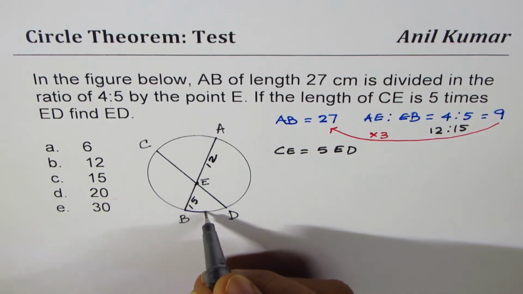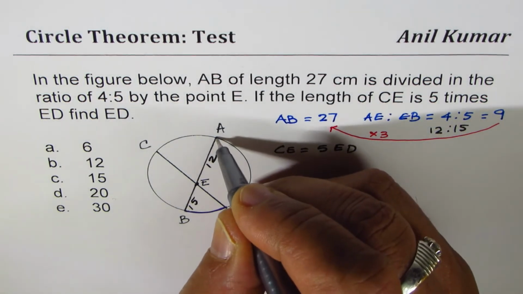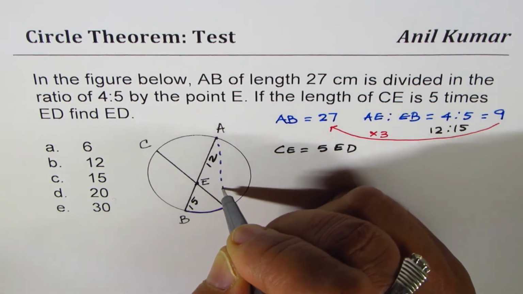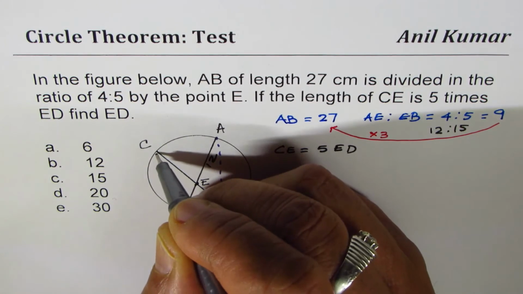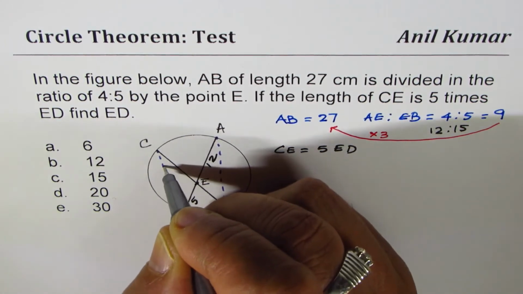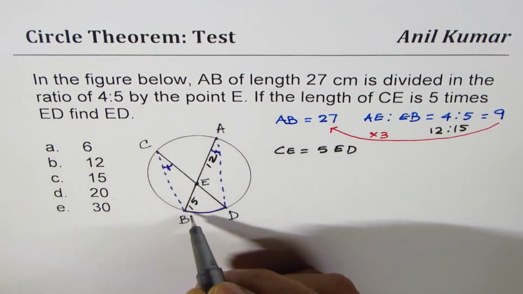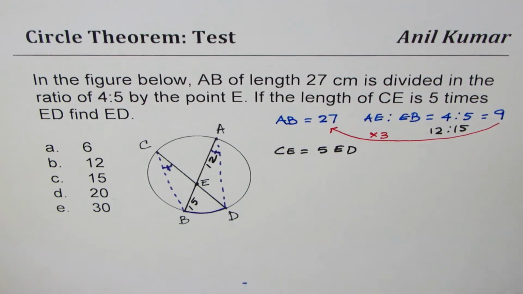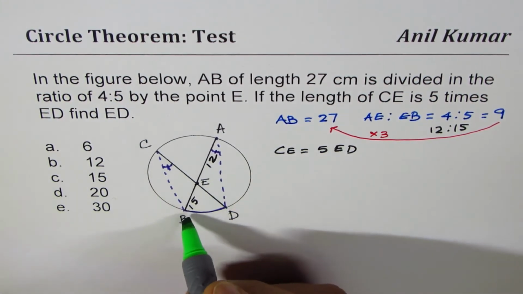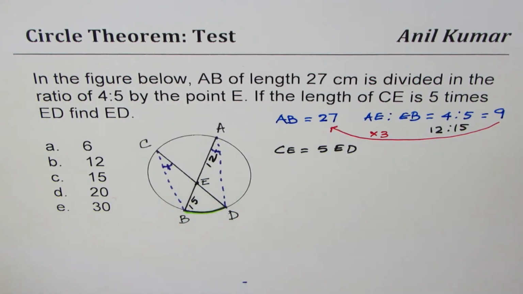Now if you see this arc BD, for this arc, the angle A and angle C should be the same, right? These angles are equal because they have the same arc. So angles subtended by the same arc in a circle are always equal, right?